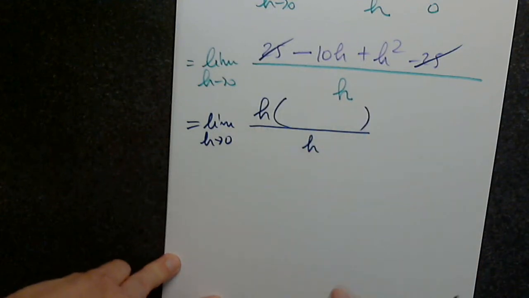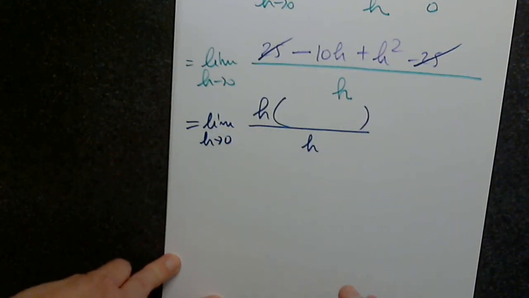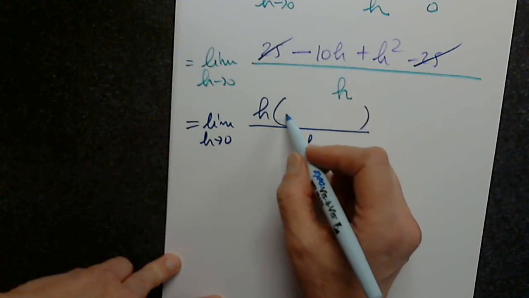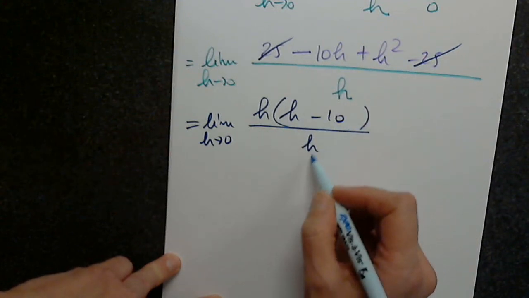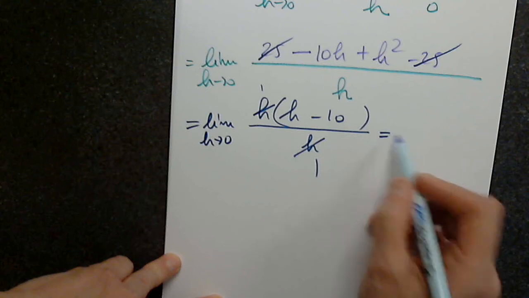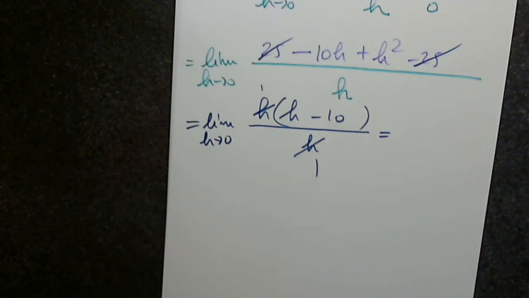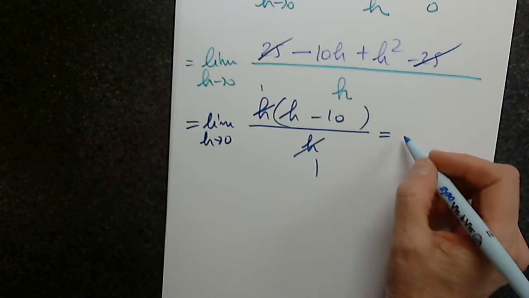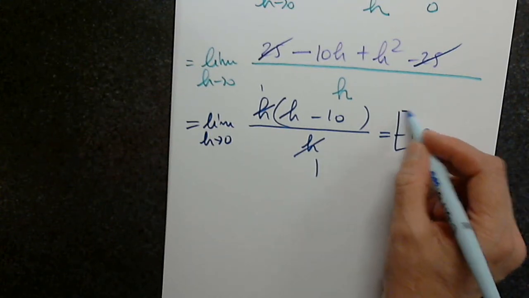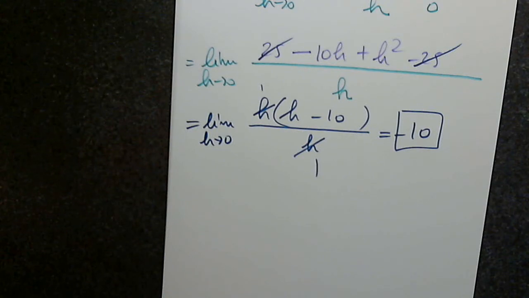Please pull it out and tell me what you have in parentheses. So yes, you can do that. That's fine. Now I simplify. And now this becomes a polynomial. And we just read the theorem that says, when it comes to polynomials, plug it in. What do I get when I plug it in? -10. Great job. And that's the limit.